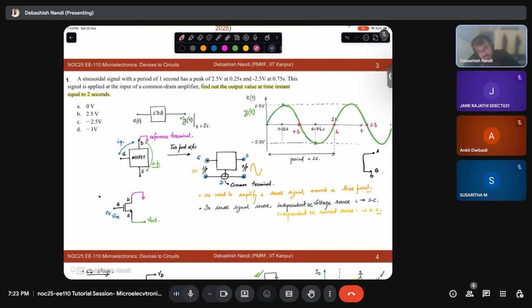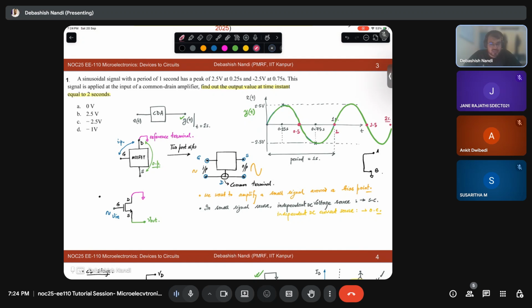So obviously at 2 seconds, you will not get any output signal, right? Assuming that there is no phase shift between the input and the output. That means we are well below the cutoff frequency of the signal.